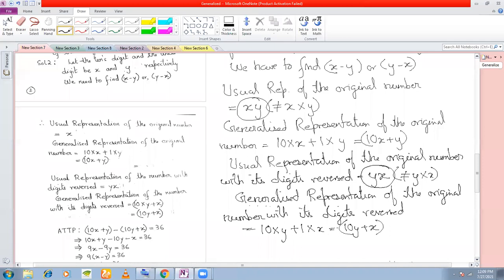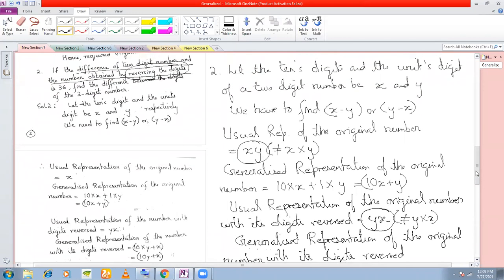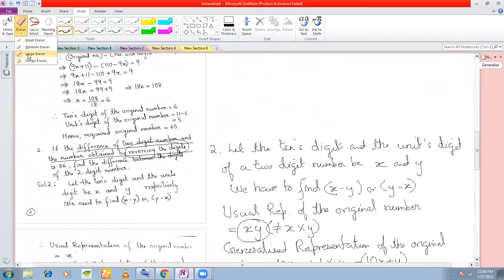Okay. Once we have got the generalized representation of the original number, and the original number with the digits reversed, now let's see the condition. The condition given here is that the difference of the 2-digit number and the number obtained by reversing the digits is 36.